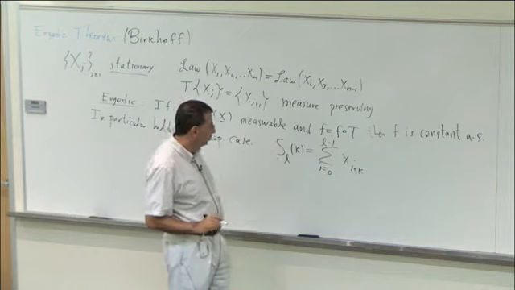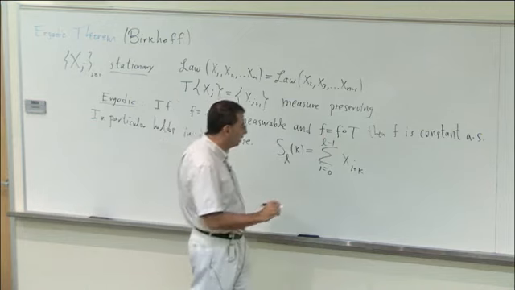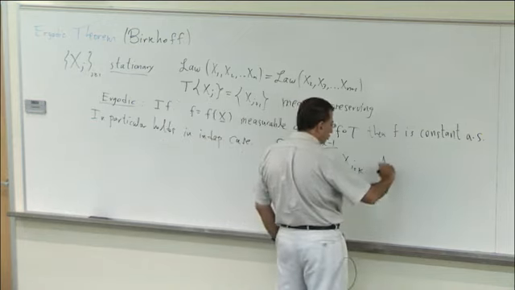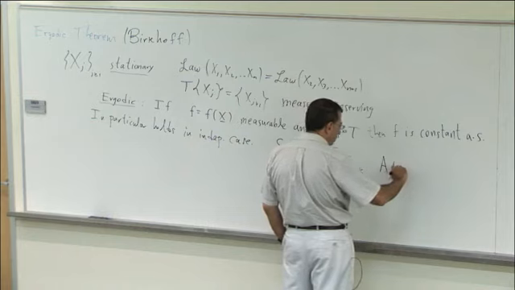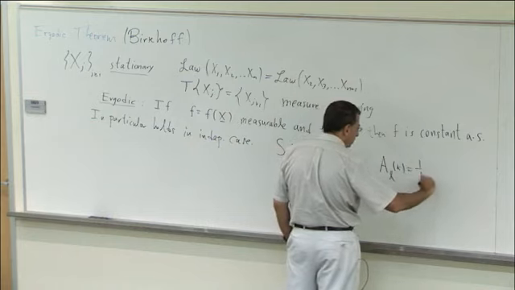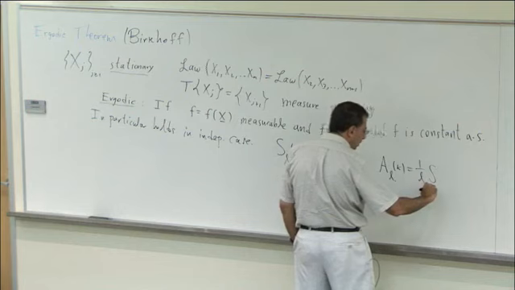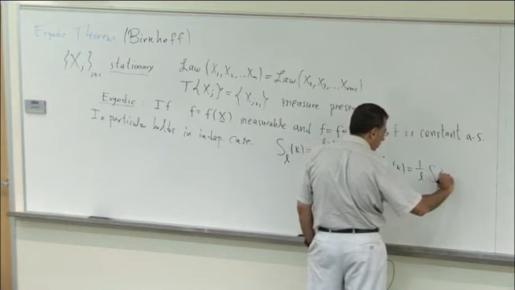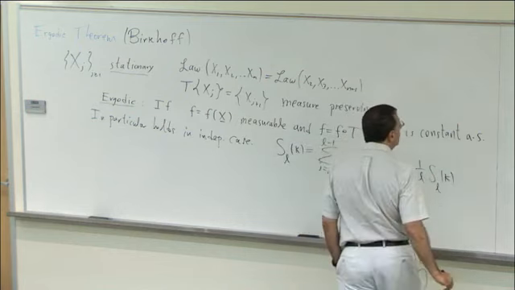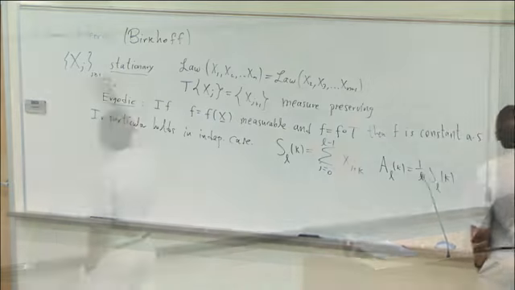So we'll be interested in the partial sums from various places. And then we have the normalized partial sum, or the average, A_L(k), which is 1 over L times S_L(k).